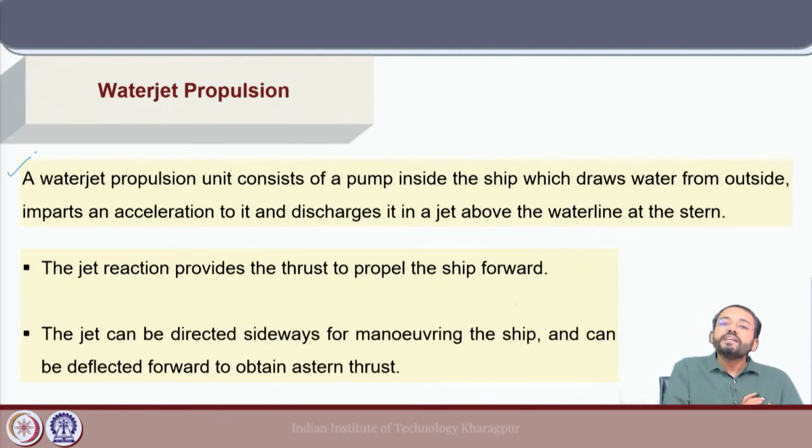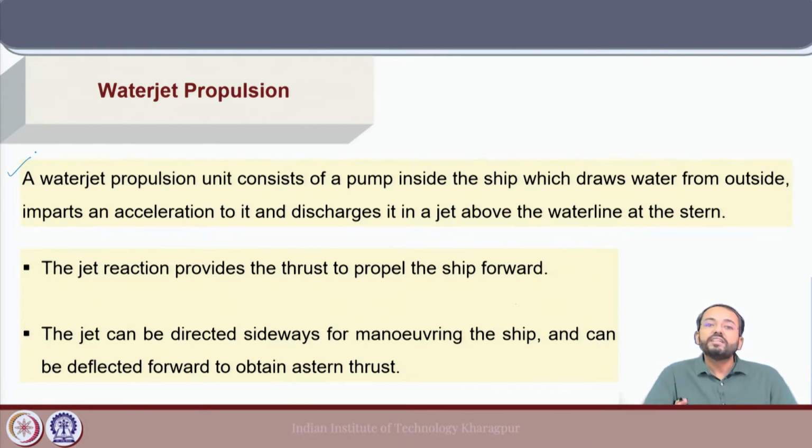And a very important feature of the waterjet system is its capability to maneuver the ship by directing the jet in the sidewards directions. So, the nozzle at the exit can be directed either ways to maneuver the ship, and also the jet which is coming out after acceleration can be deflected forwards to obtain astern thrust.